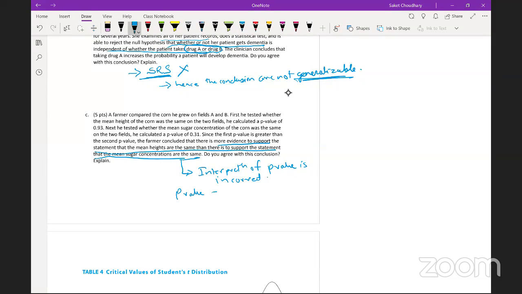The p-value is not the probability of the null being true. It's the probability of seeing something as extreme as what you're seeing, given that the null is true. So comparing these two evidences just based on their p-values is meaningless. Okay, does that make sense?